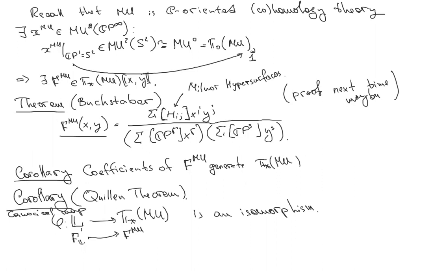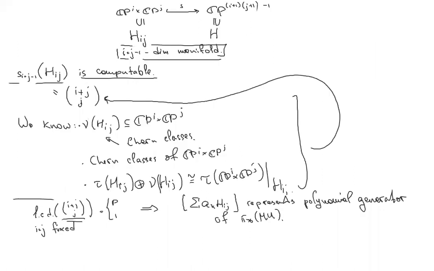Well, first of all, we have proved after the break that the sum of the h_ij's are polynomial generators of pi star of mu.